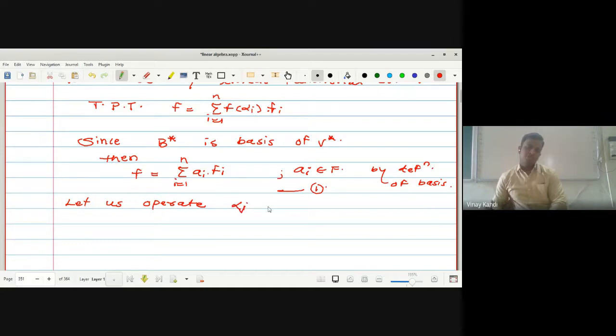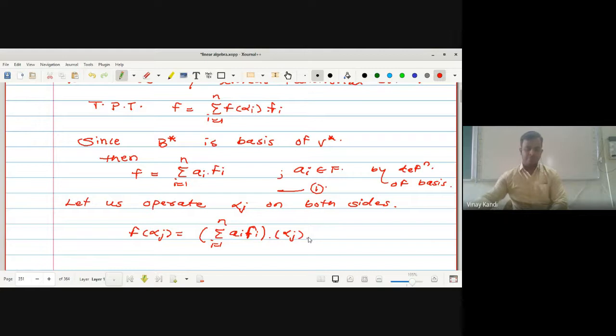Alpha j on both sides. Okay, so what we have, f of alpha j is equal to summation i running from 1 to n, ai into fi of alpha j.